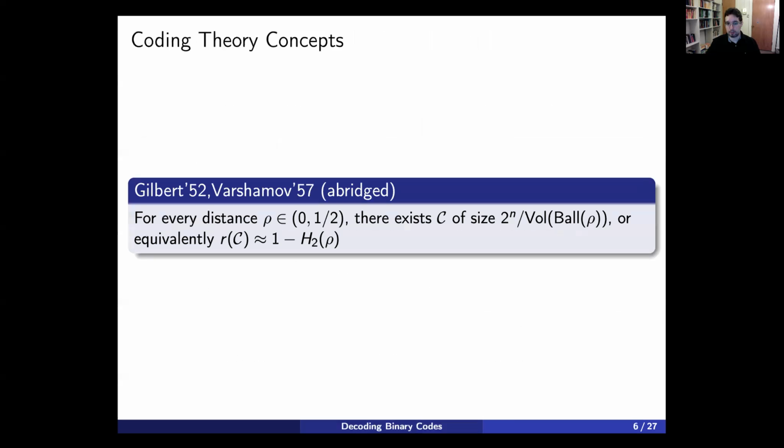Somewhat soon after Hamming proposed his adversarial model, Gilbert came up with an existential result. It's non-constructive. He said that for any fractional radius δ that you want, there exists a code that's reasonably large. So its size is 2 to the n divided by the volume of a ball of radius δ. And in terms of rate, this is roughly equivalent to 1 minus the binary entropy of δ.